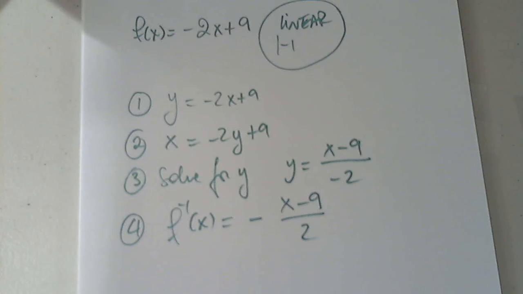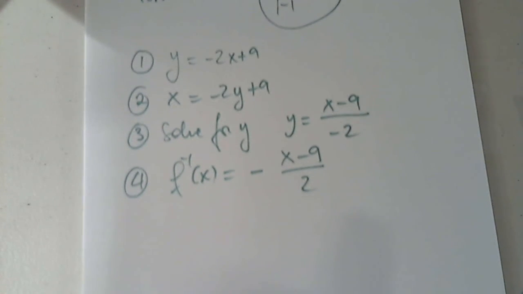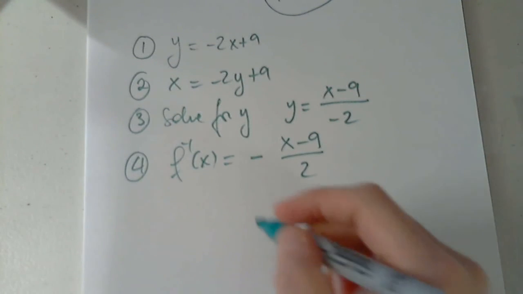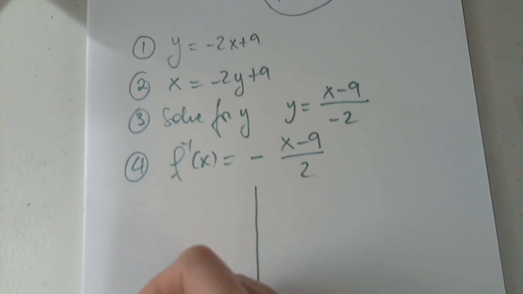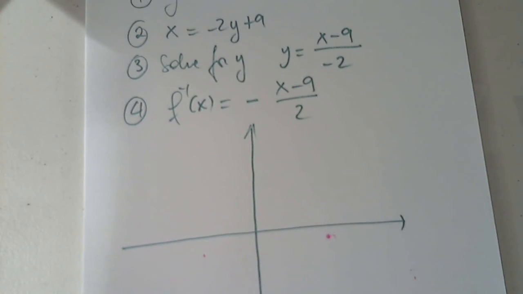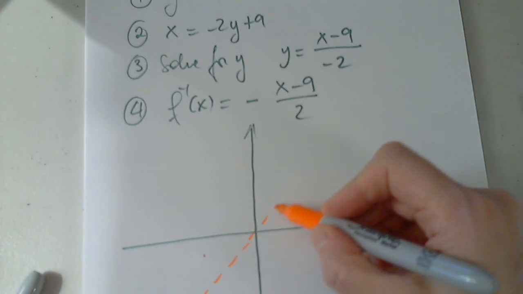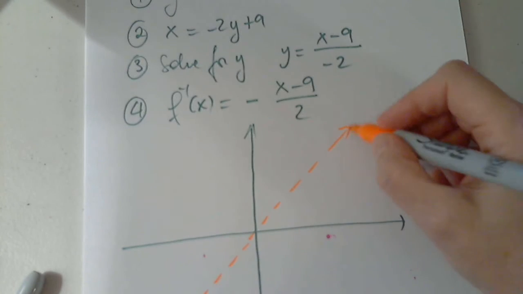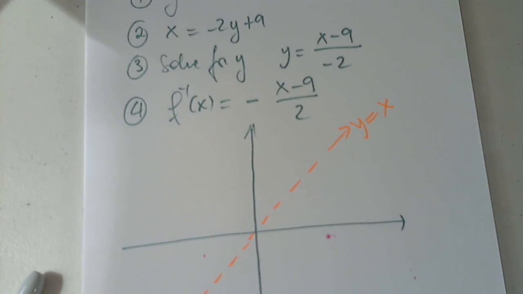I may be asked to graph both of them on the same coordinate system. Here's how I do it. When I'm asked to graph the function and its inverse on the same coordinate system, I know that the two graphs must be symmetric with respect to this line. It's an absolute must.